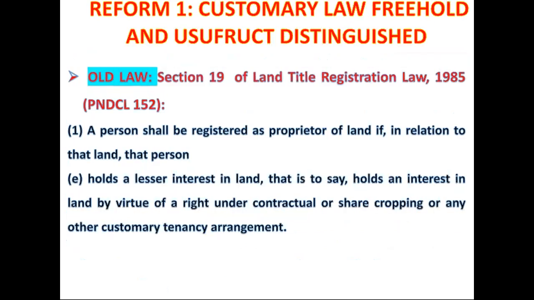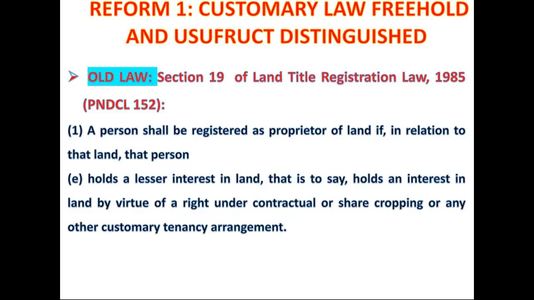So I want you to bear in mind these different interests that were mentioned in this old law, Section 19 of the Land Title Registration Law 1985, PNDC Law 152, so that you can get a better insight and appreciate the different categories of interest that are now mentioned under Section 1 of Act 1036.